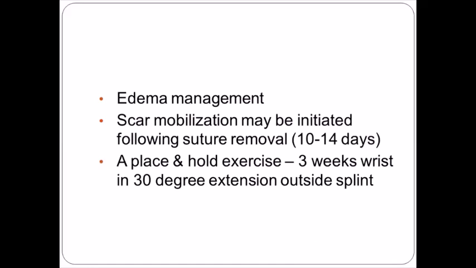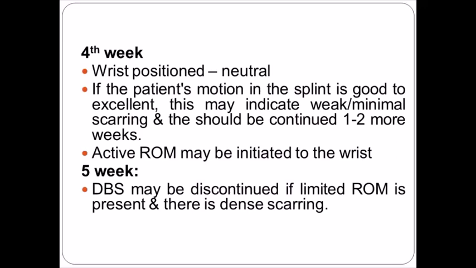In place and hold exercises, you go for a certain amount of flexion and ask the patient to hold it in that position. Then at the 4th week, the wrist is positioned in neutral and active range of motion will be initiated. At the 5th week, this dorsal blocking splint may be discontinued.